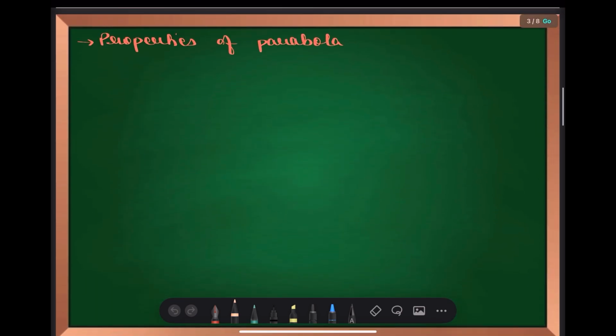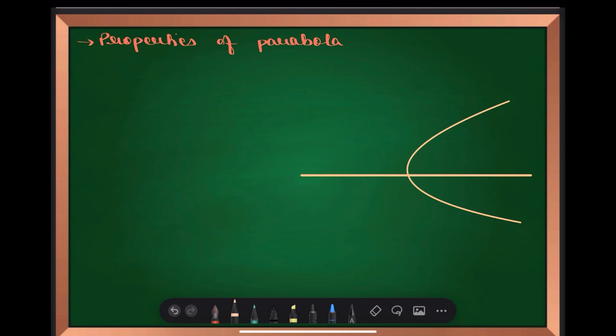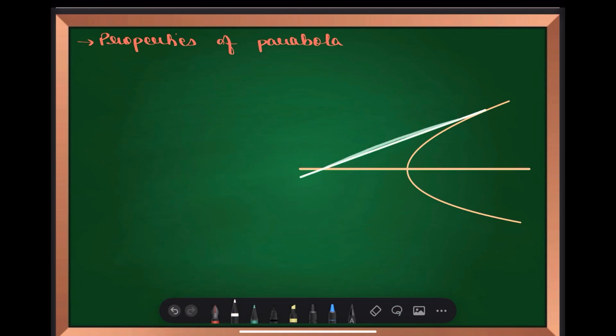Now suppose that you have a parabola and you have drawn a tangent. At this point you have drawn the tangent, and this is the focus.